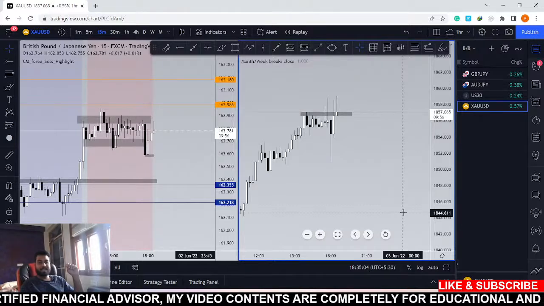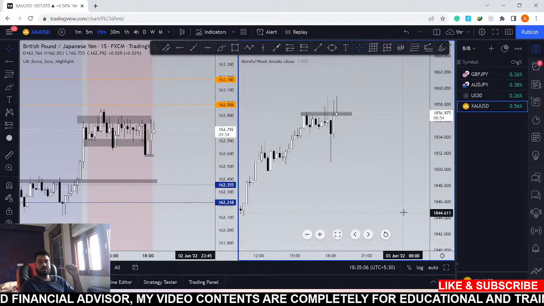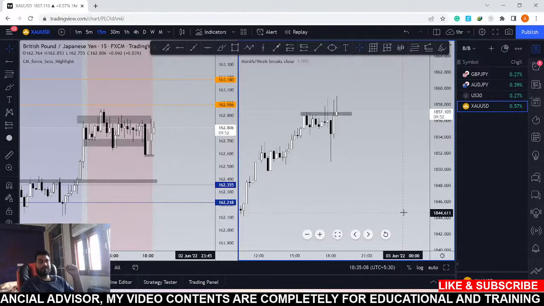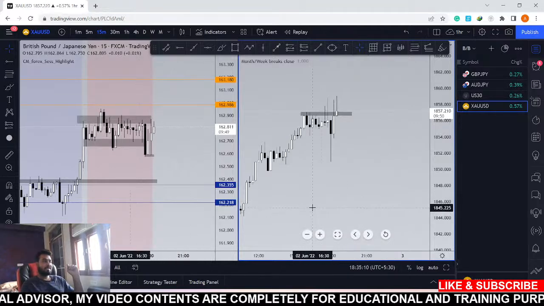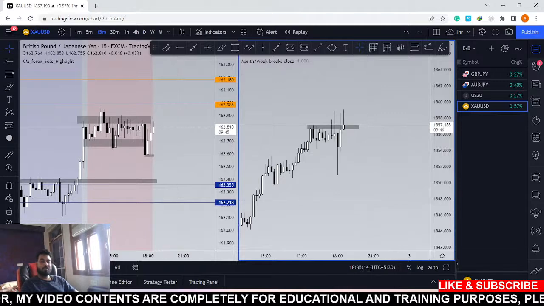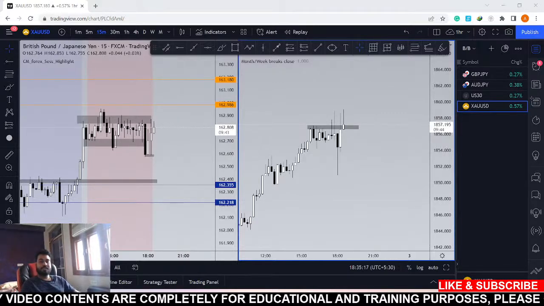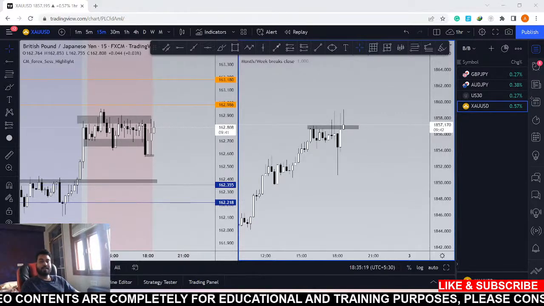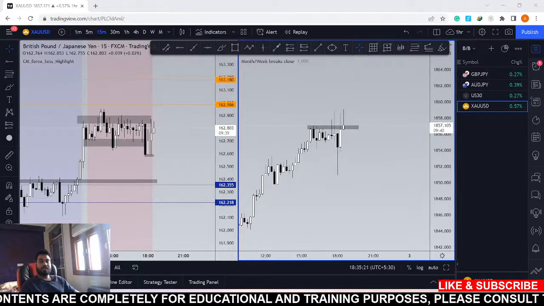US 30 is making its move, but I don't want to just jump into it. I would like to wait for the closing of the candle. Once I get the closing, I will place my order. But before closing, there is a chance that it will retrace back and give me a false breakout.